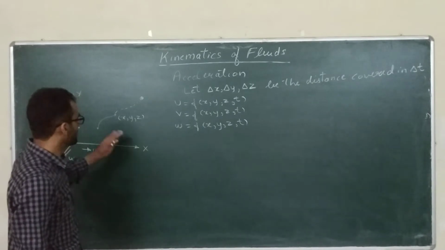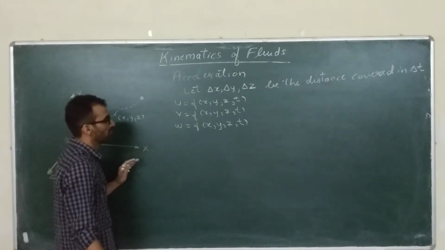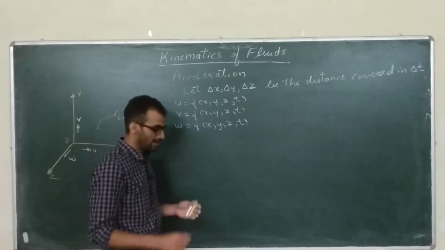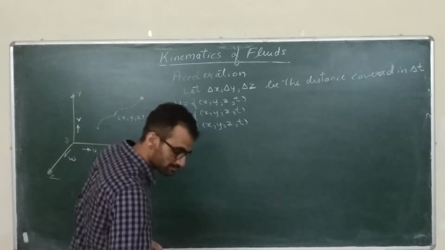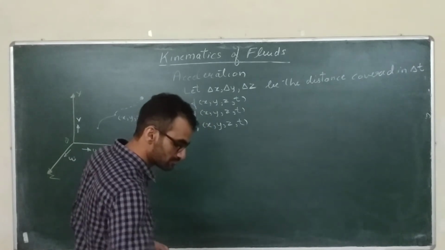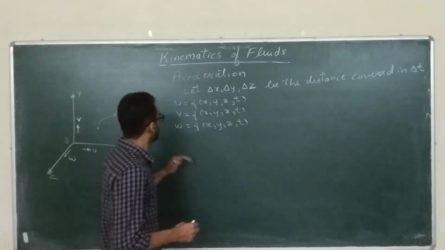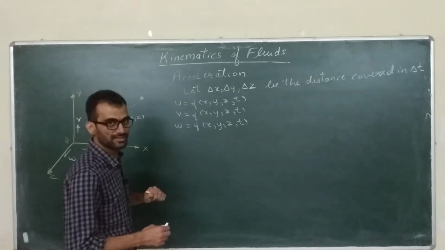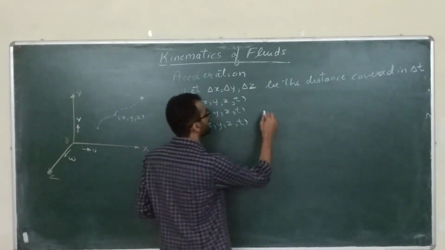Now we want to find out acceleration. Our aim is to find acceleration in x, y and z directions. So first we'll have to find the acceleration in x direction. For that purpose we should know what is the change in velocity. How to find acceleration in, let us say, x direction?